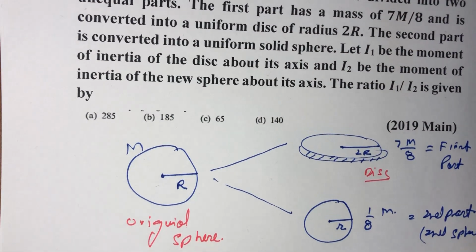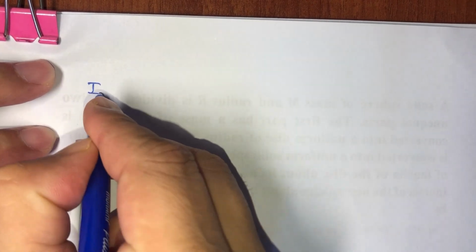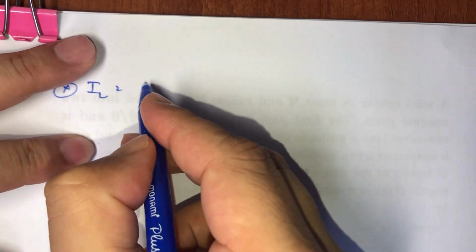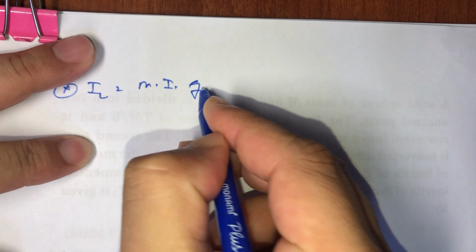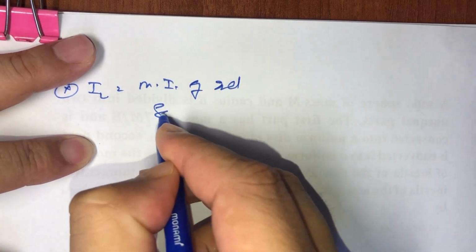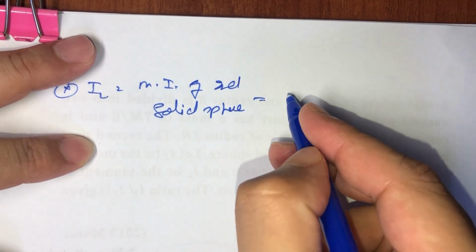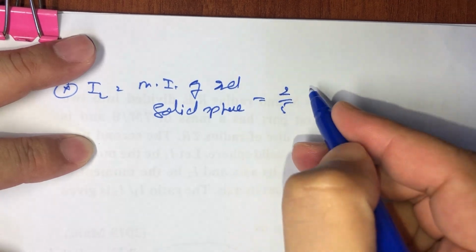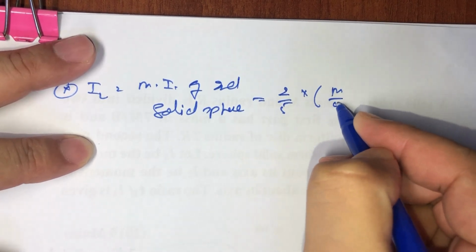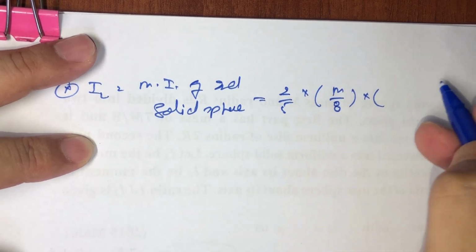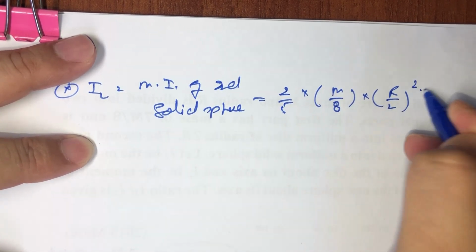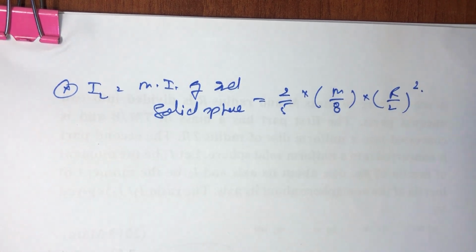Now I2 is the moment of inertia for the solid sphere, which is the second solid sphere. I2 is equal to the moment of inertia of the second solid sphere, and that will be equal to 2 by 5 multiplied by mass. Mass is m by 8, multiplied by radius squared. Radius is capital R by 2, and its whole square.